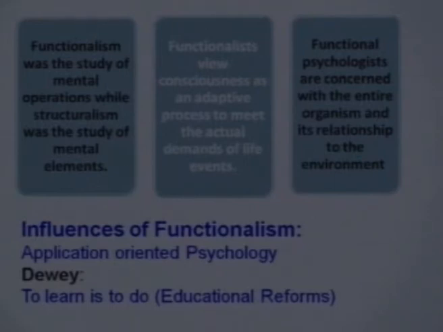The influences of functionalism that we see: first, it affected generations of philosophers, thinkers and psychologists, and we see the effect of functionalism later, after this school no longer existed. We see various application-oriented fields of psychology, like if one idea is to be known for its uses. James has said, if you know the meaning of an idea, you should know the use of that idea.